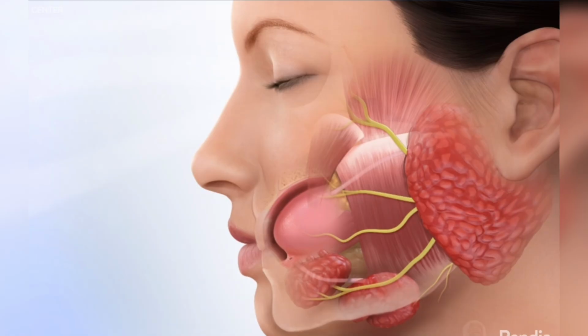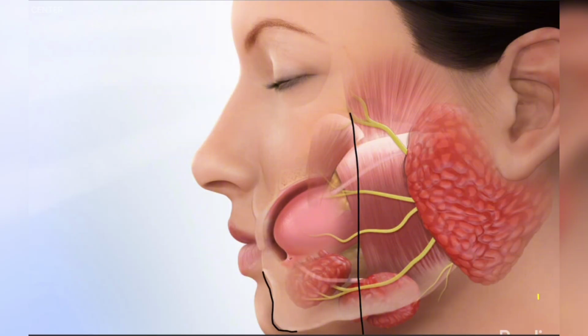But if we were to look at the cross-sectional anatomy here, so if you do a cross-section here, remembering that this is the jawbone, this here is the gland. Let me draw it for you. So you have the skin of your face coming into your neck and down.